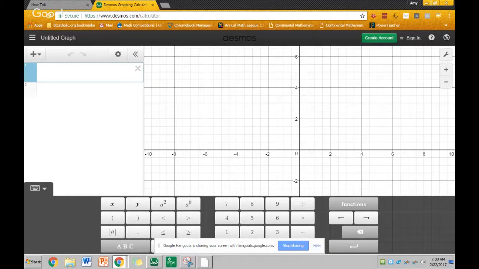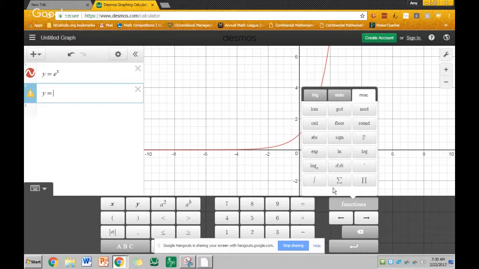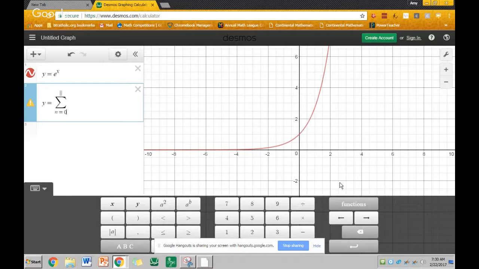let's type in y equals e to the x. There it is in all its glory. And then let's type in our Taylor series. So we're going to say y equals, and I'm going to go to functions over here and find the miscellaneous and put my sum here from n equals 0.